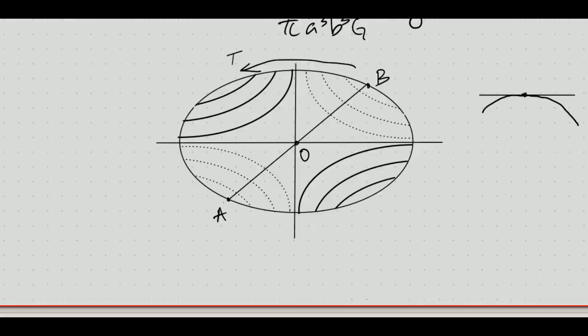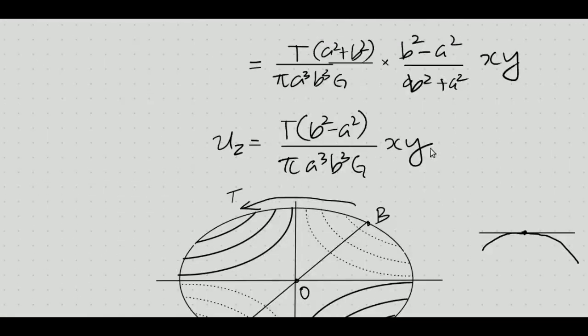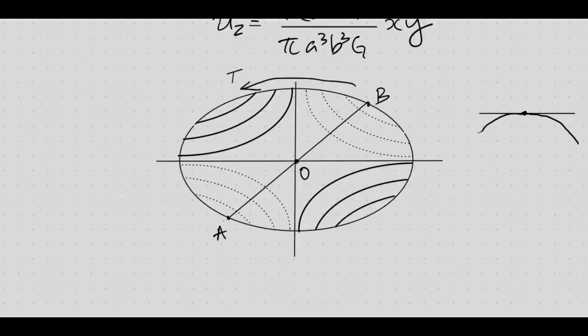At the center point there is no deformation, since at the center point the x and y terms are 0, and here the maximum deformation will be a depression. This is in the negative z direction, so here it will be depressed. These dotted areas will be depressed, and solid lines represent the positive deformation.